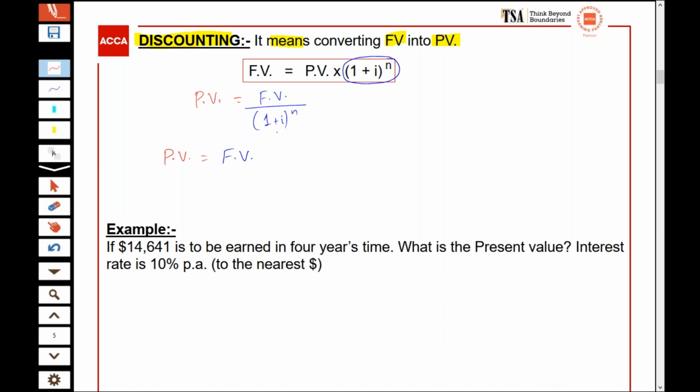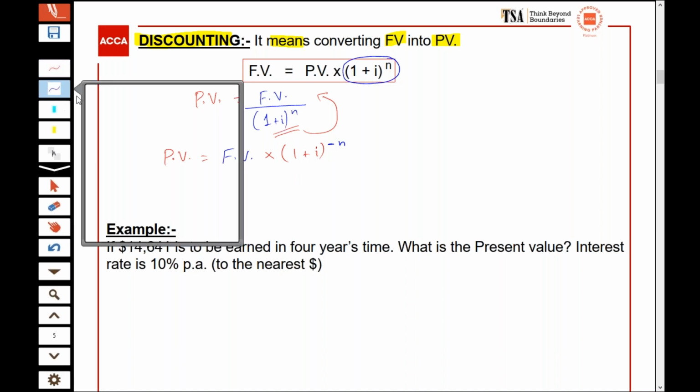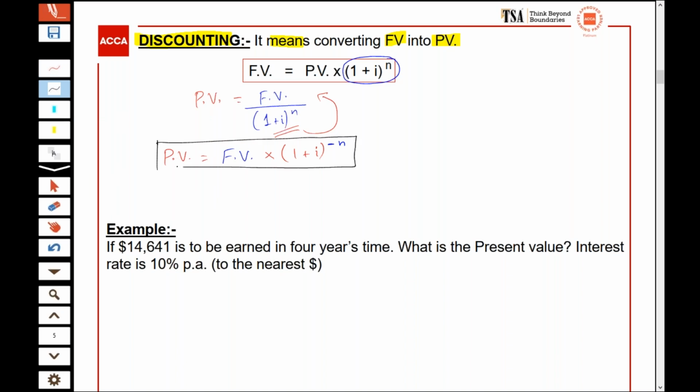Now this thing will be shifting towards the numerator with the multiplying effect (1 plus i), and the important point is the power will be in minus. So this will become the formula of calculating the present value. Present value is calculated as future value multiplied by this thing.